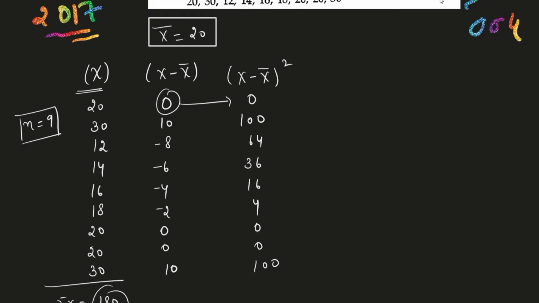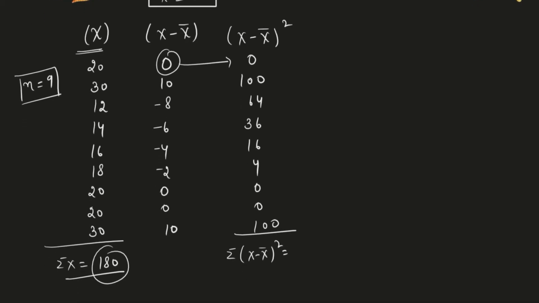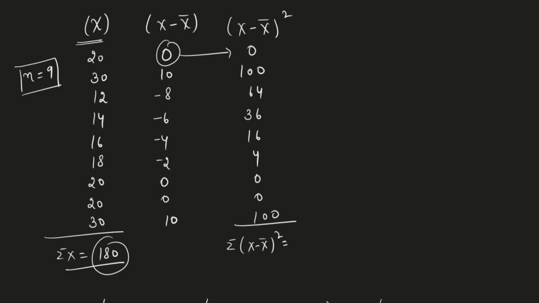After computing the x minus x bar whole square, we have to do the summation of x minus x bar whole square, that is sum of all these terms in the tabulation form, that is 0 plus 100 plus 64 and so on. When you sum up this data, it will come around 320. So the value of summation of x minus x bar whole square is equal to 320.